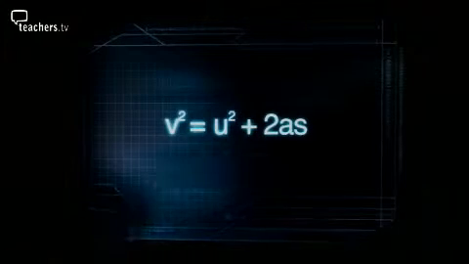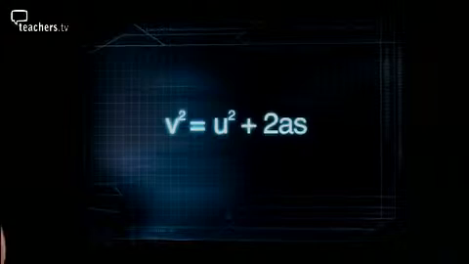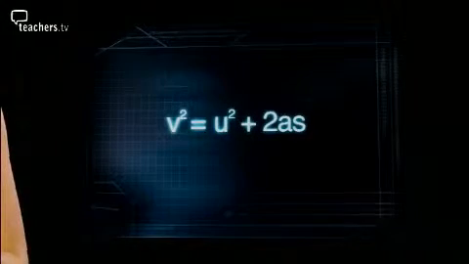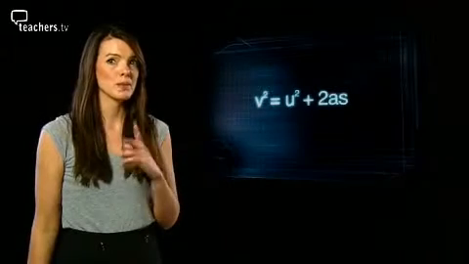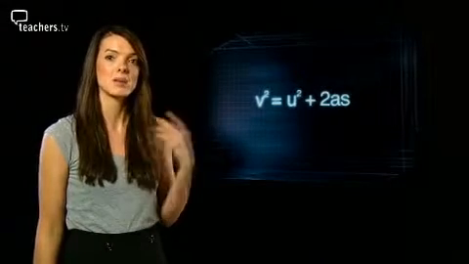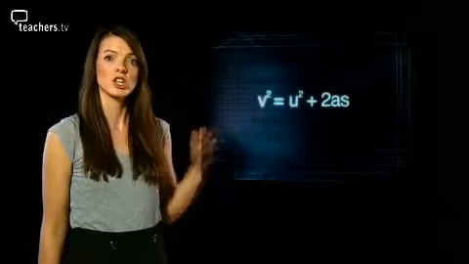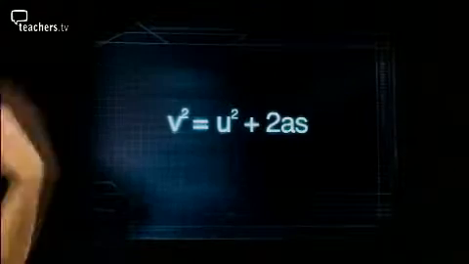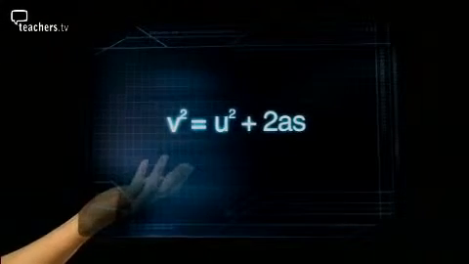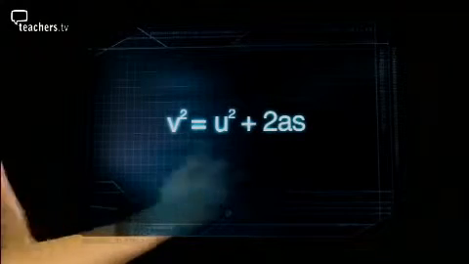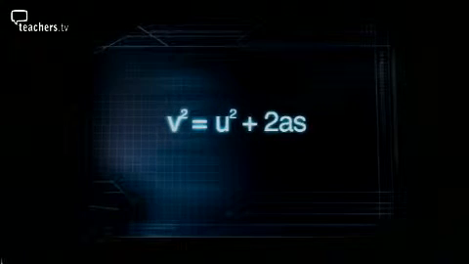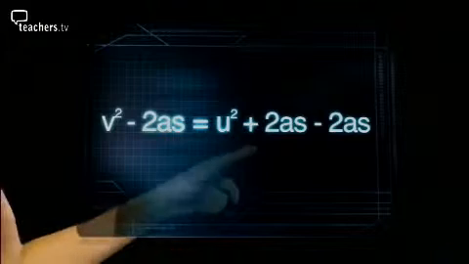s is the length of the runway, which we already know, and a, in this case, is the acceleration, but because the plane's decelerating, it's going to be a minus. So let's rearrange this formula so we can get u on one side. We've got the formula v squared equals u squared plus 2as. So let's start by taking 2as away from both sides.